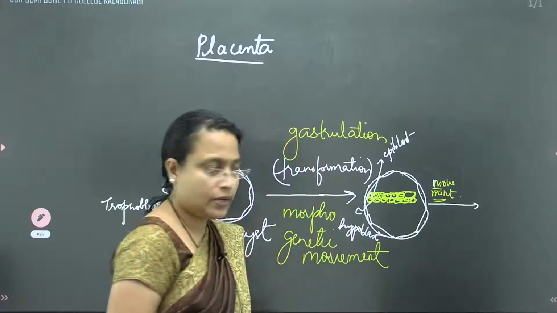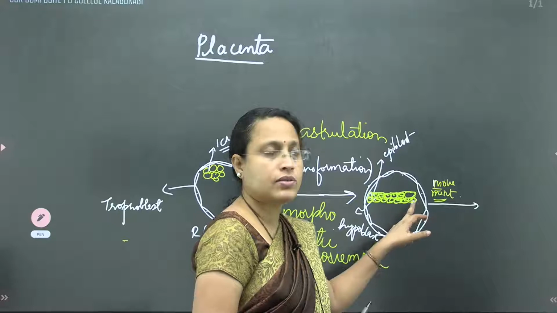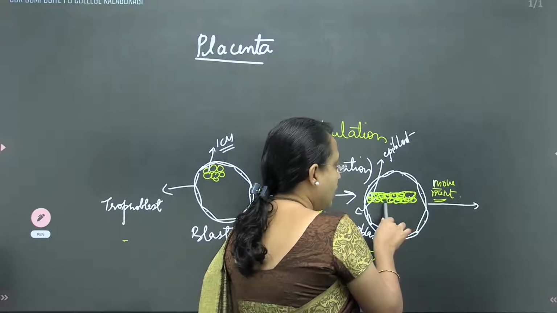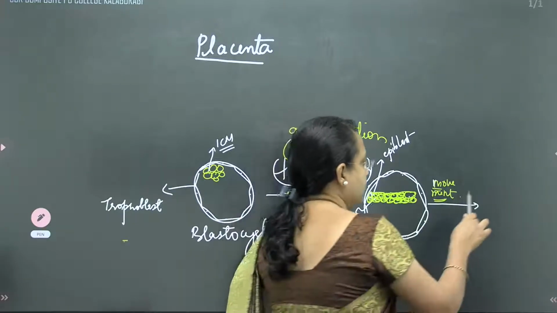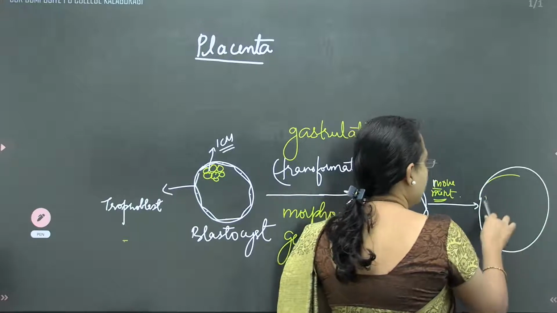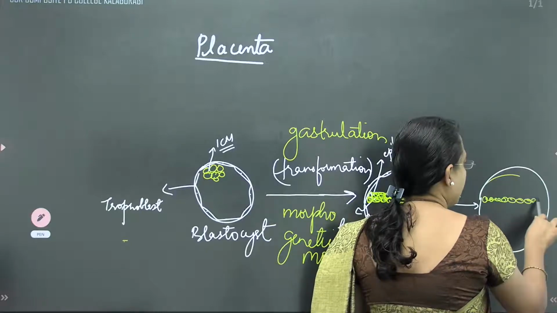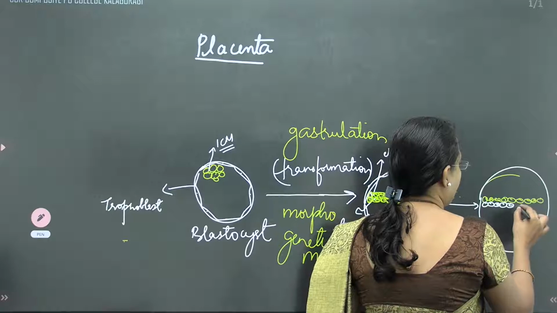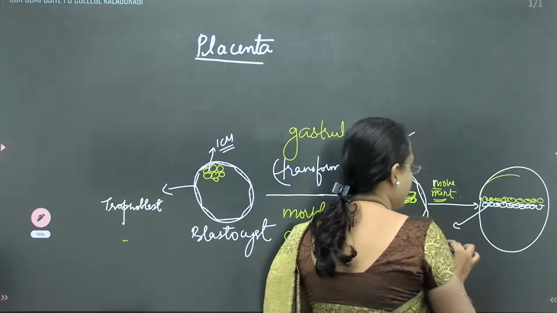The epiblast cells will first replace the hypoblast cells. If this is the epiblast, the cells will migrate and replace the hypoblast cells to form what is called the endoderm.